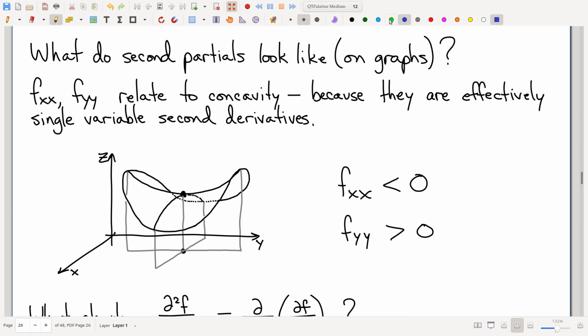Let's think, for example, about f_yy. This says we're taking the partial with respect to y, and then we're taking the partial with respect to y of that. Notice that for both of those calculations, the first y partial and the second y partial, x is constant.